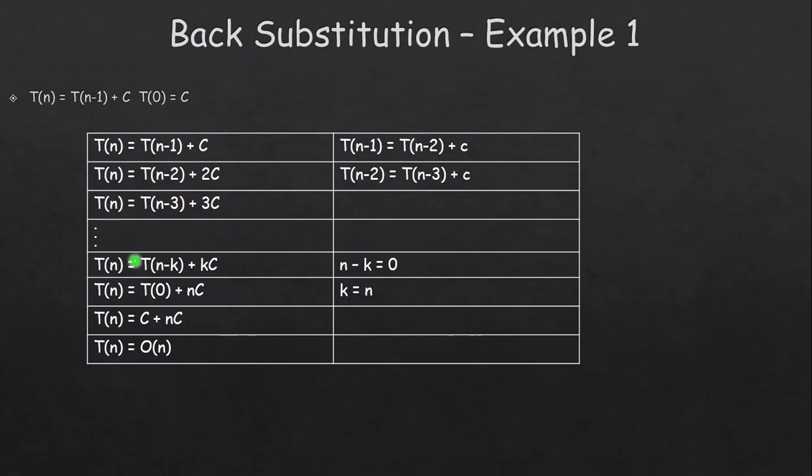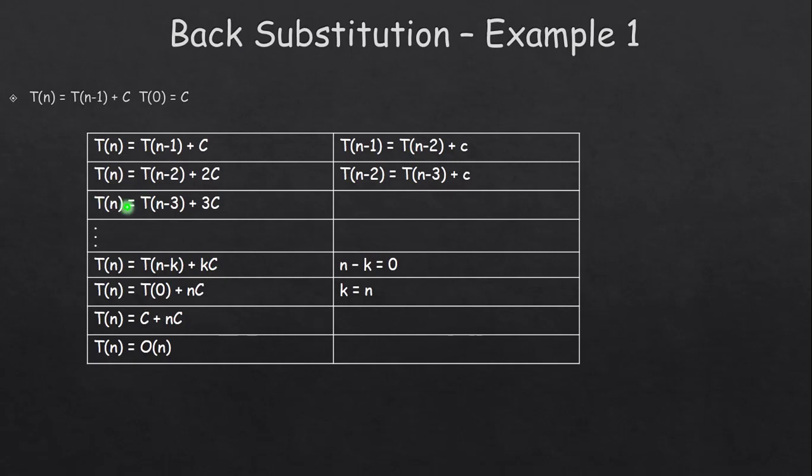So I will continue that step. At some point I will reach the kth term. So what is the kth term? I will generate some patterns and write the relation for the kth term. It will be T of n equals T of n minus k plus kc.